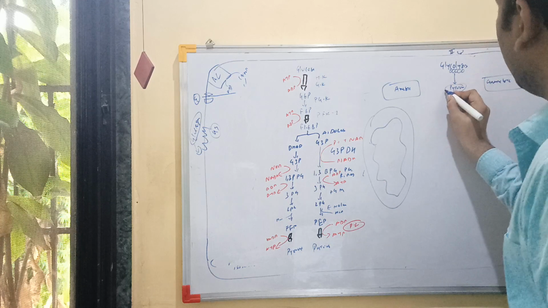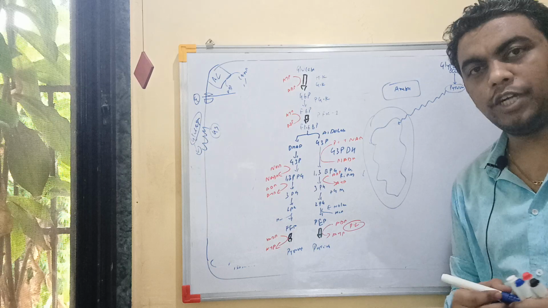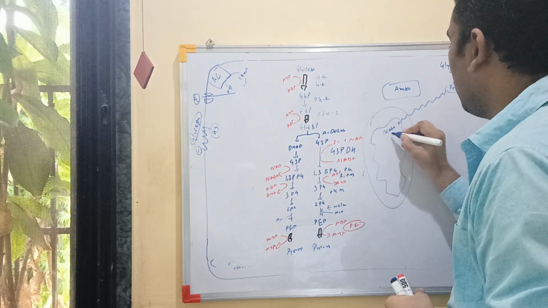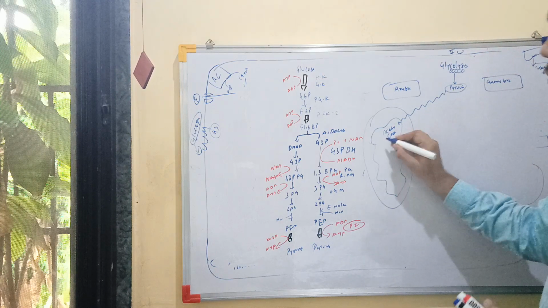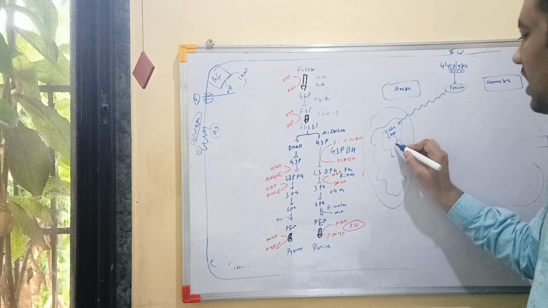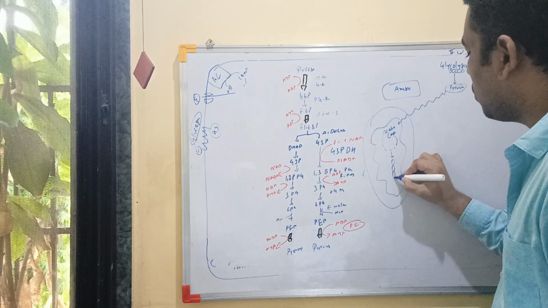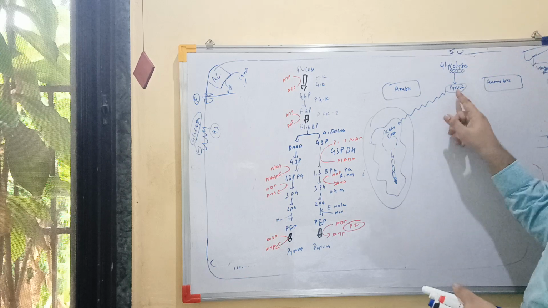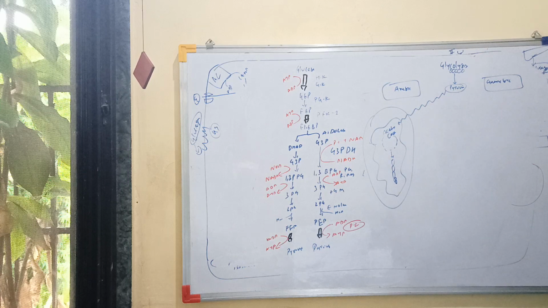This pyruvate can go into the mitochondria and form acetyl CoA. This acetyl CoA can go into the citric acid cycle, and after the citric acid cycle, some of the NADH and FADH can go into the electron transport chain, and this electron transport chain can give you lots of energy.